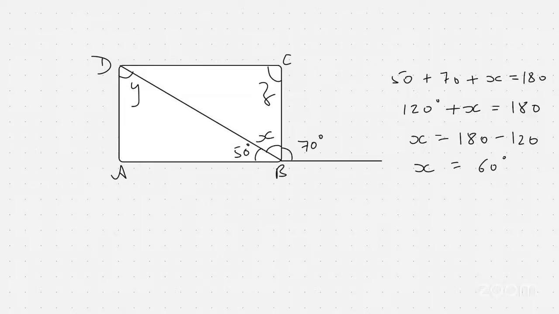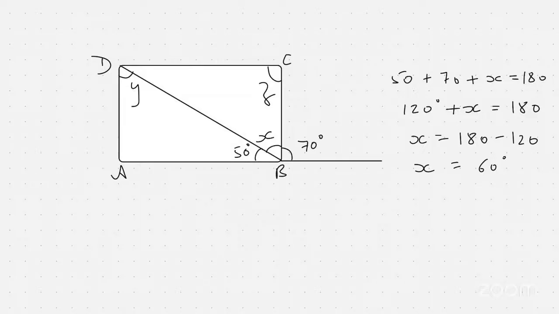Now, to find out the value of Z. Okay, what's the question? So X is 60, Y will also become 60. The reason being that it is alternate interior angle.